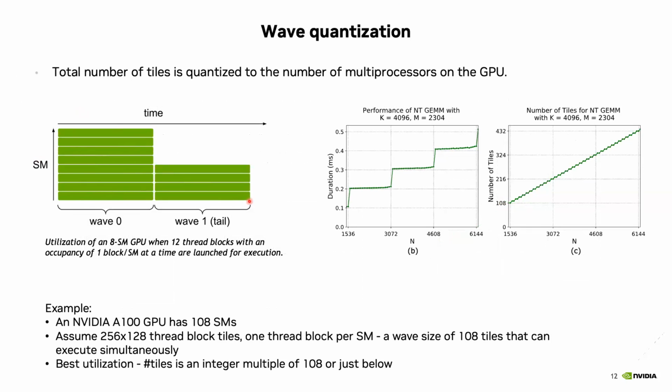Again, in this profile, we see that our utilization is not 100%. So when we design networks, we should think of these sizes. There is a particular example for A100 with 108 SMs: for a particular tile size, ideally I want to have 108 tiles total, to execute all of them simultaneously and not have these tails that are much less efficient.